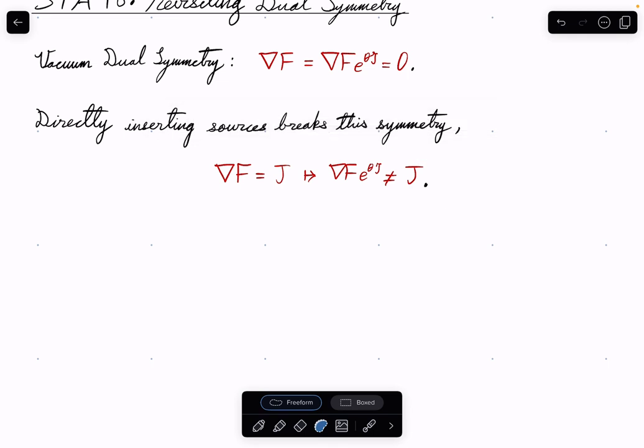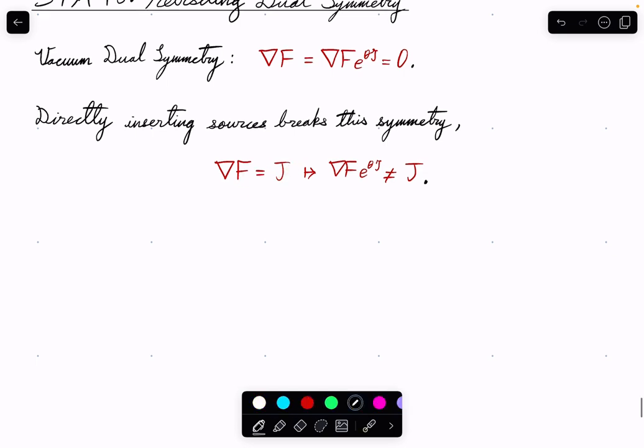But in all truth, this is actually a misapplication of phase transformations to J. It's not that there is no dual symmetry for sources; it's that mapping like this does not give the same result. If you're going to change F, you're going to have to change J as well.